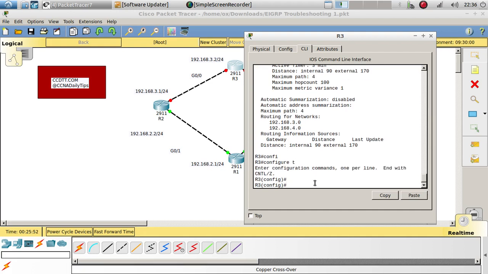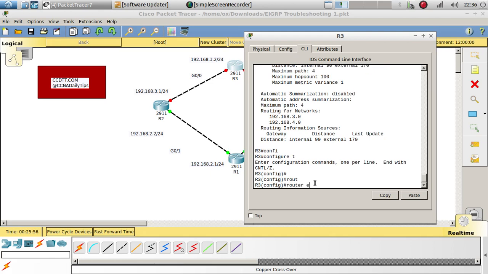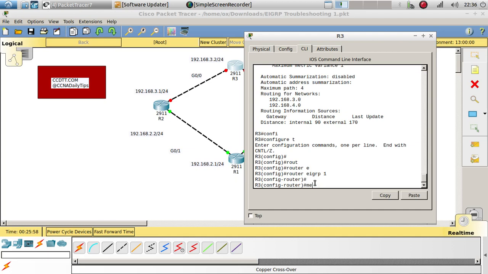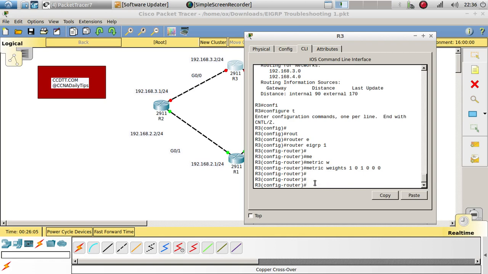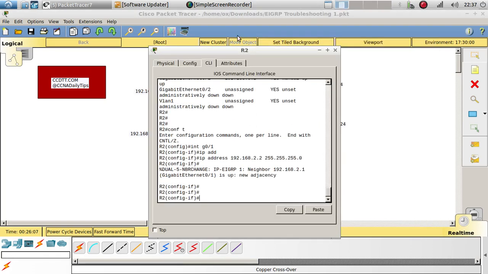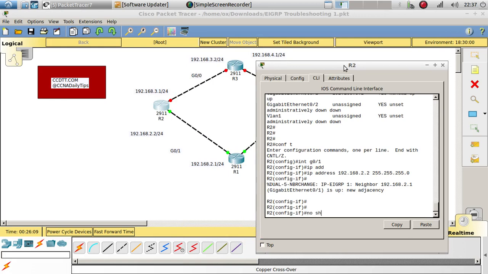Config T. Let's go to router EIGRP 1, metric weights 0 1 0 1 0 0. All right, so now let's go ahead and on this interface, let's do no shutdown.